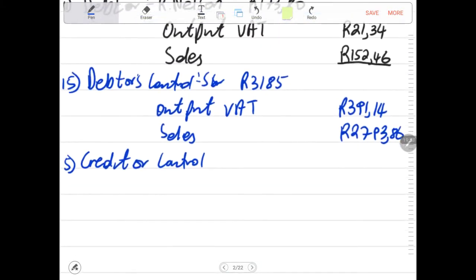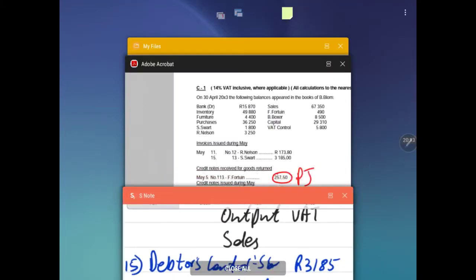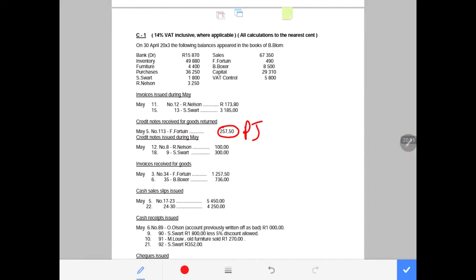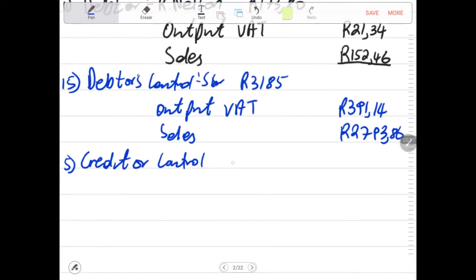Now we have a return, meaning our liabilities, because a creditor is a liability, will decrease by the same amount. The amount that our liability will decrease by is 257.50.